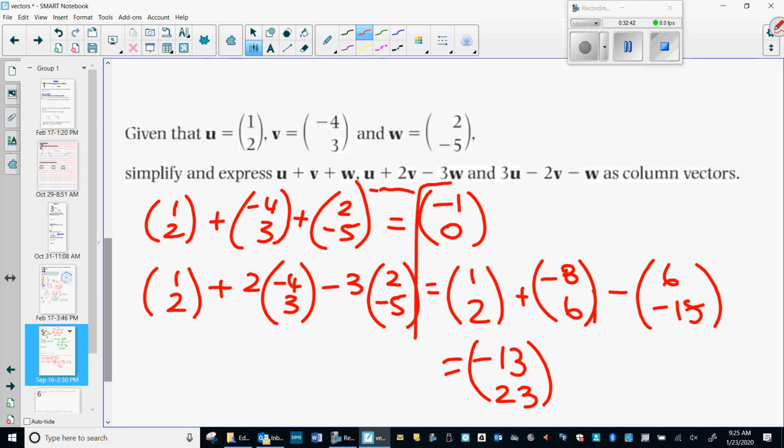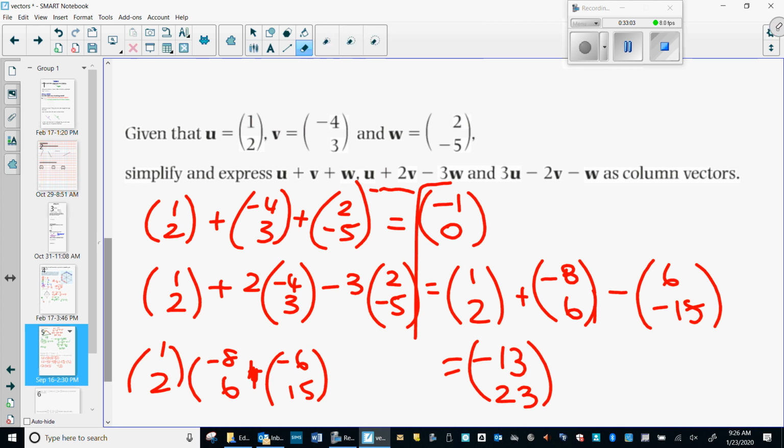So they would write (1, 2), (-8, 6), minus, and then minus 6, positive 15. And so this negative is affecting it again, which it mustn't. So if you're going to multiply it by negative 3, then you must change that to be a plus. Otherwise, it's going to go wrong. So you know yourselves which you're more likely to do.